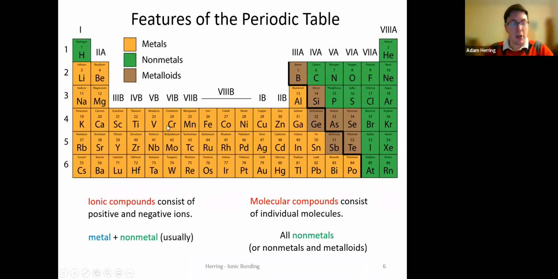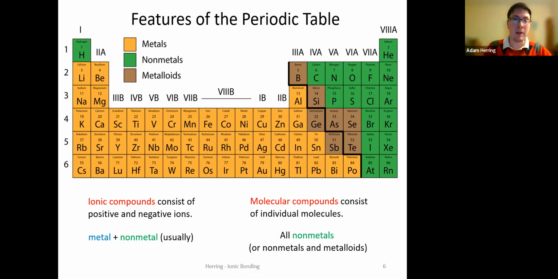As a reminder, when we talked about the periodic table before, we were able to classify the elements into metals, nonmetals, and metalloids. You can see here a reminder of what we've seen already. So when we form ionic compounds, these are going to consist of metals combined with nonmetals.